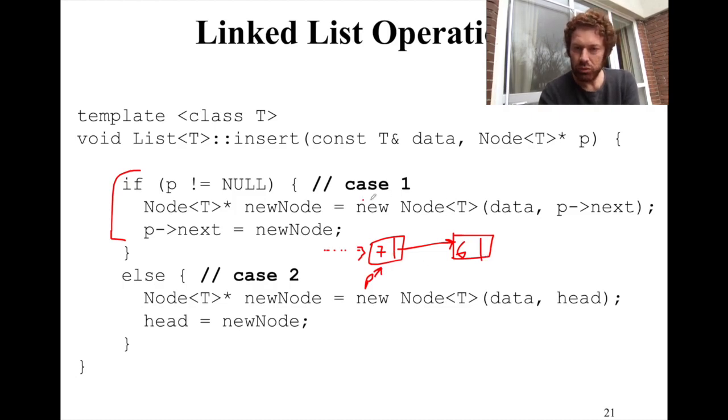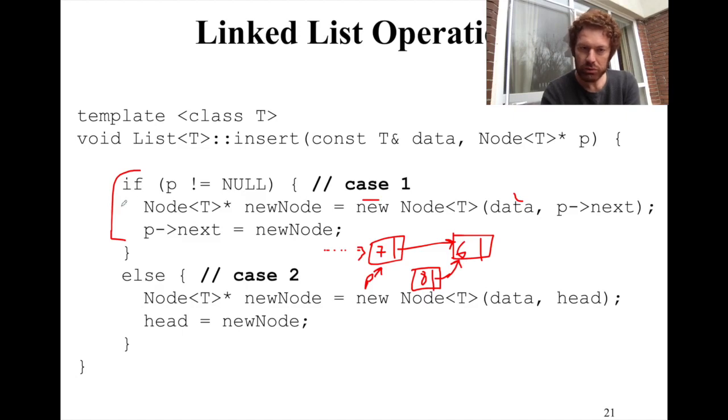Remember, C++ allocates new memory, and into that memory puts data. So let's insert 8. So data is 8. I put it here. And then remember the node constructor: this is the data part and this is the next. So what is the next of this node? The next of this node is going to be p.next, which is this. p.next is 6. So basically I set it like this.